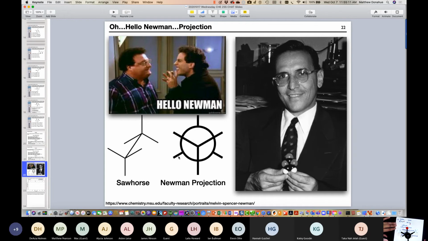Now let me do something that I haven't done before and we typically don't do. I'm going to put the hydrogens on this carbon. We have a hydrogen coming out. We have a hydrogen going back. So towards you, away from you. Carbon 3, you have a hydrogen coming out. You have one going back.